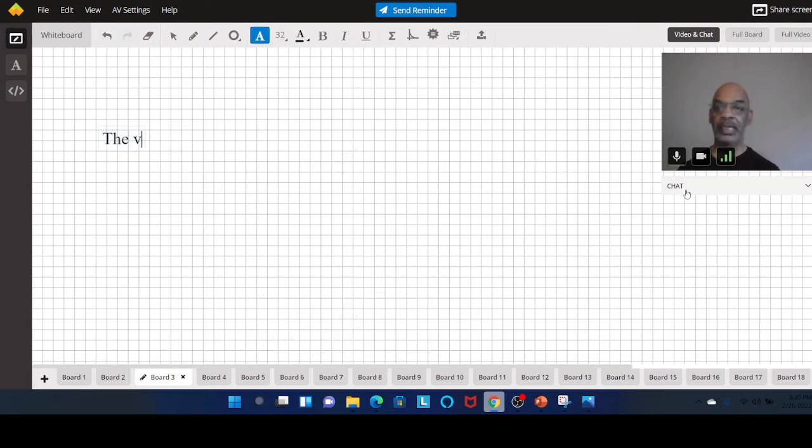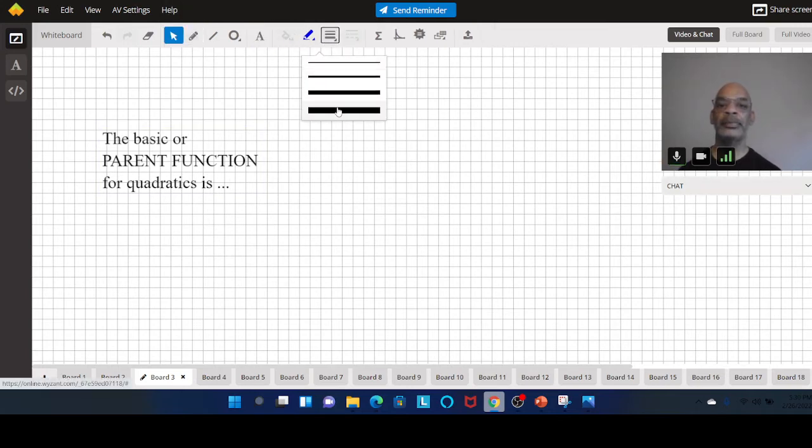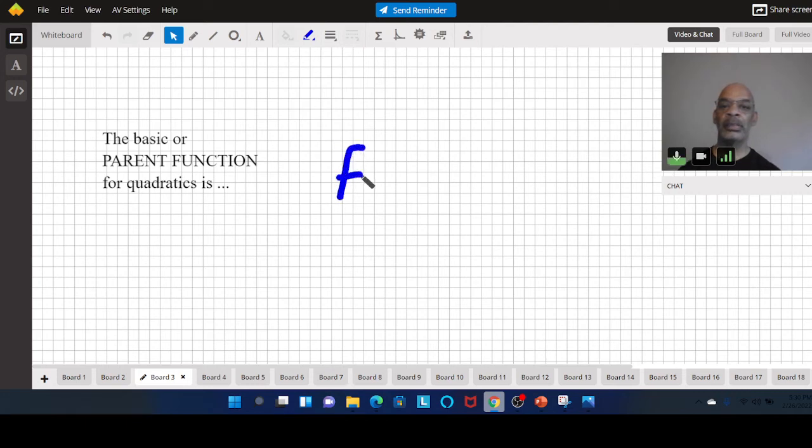The basic, or parent, function for quadratics is... Here we go. f of x equals x to the second power. Okay.